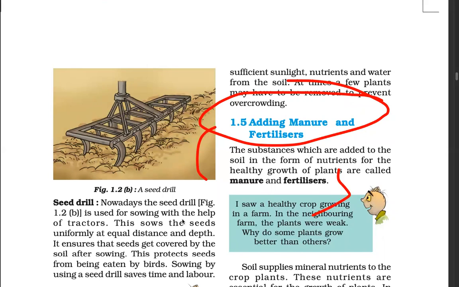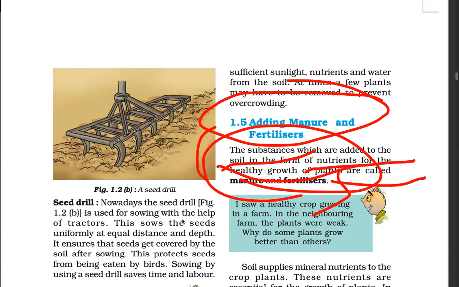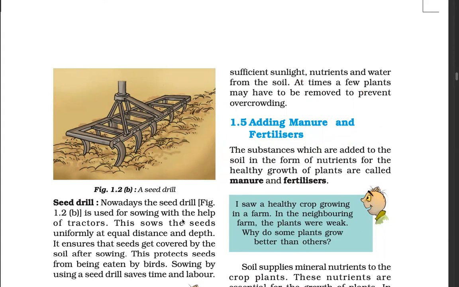The substances which are added to the soil in the form of nutrients for healthy growth of plants are called manure and fertilizers.